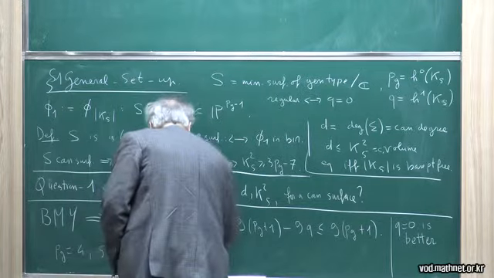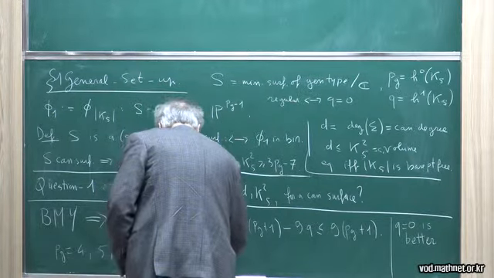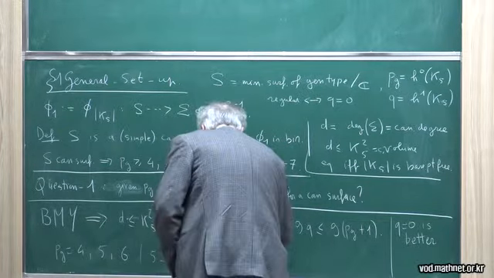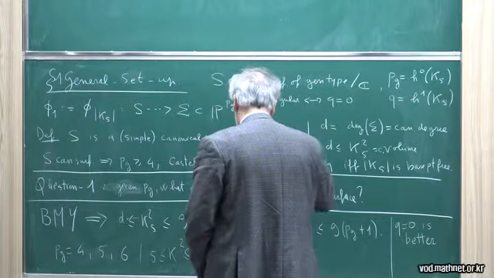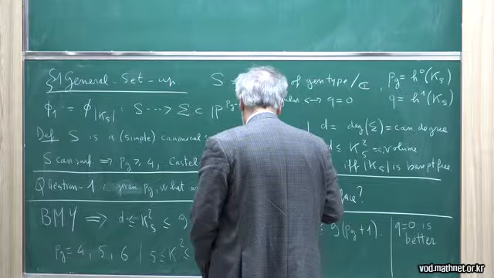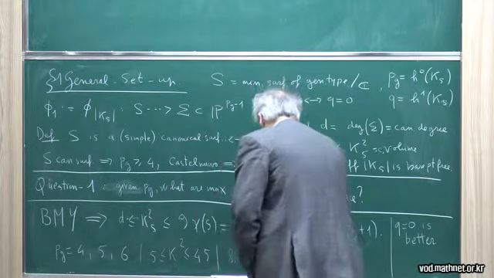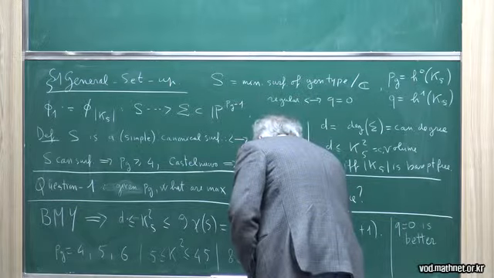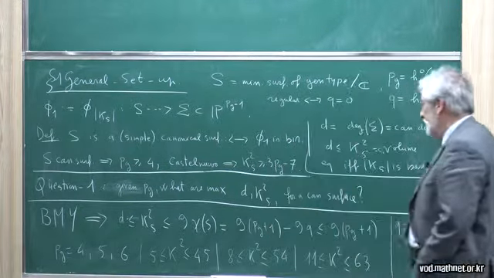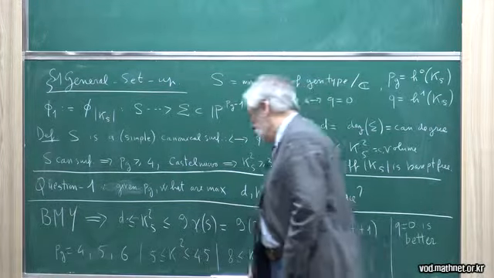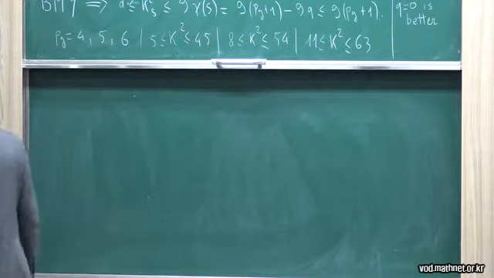We know that a priori, respectively, K squared is at least 5, 8, and 11 by Castelnuovo, and then the upper bounds are 45, 54, and 63. So K squared lies in these intervals: between 5 and 45, respectively between 8 and 54, respectively between 11 and 63.